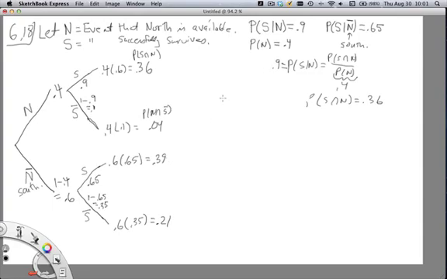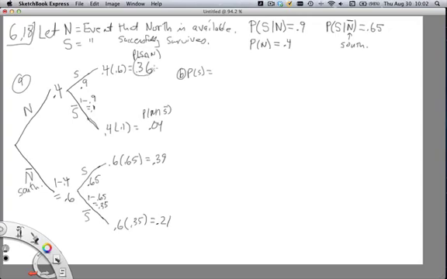Let's answer the question. So part A, draw the probability tree. Well, we did that. So here's part A. Part B, find the probability that the restaurant will survive the first year. So what is the probability of survival or success? I'm going to erase this so that I have a little bit more space. Well, there's two ways that we can survive.